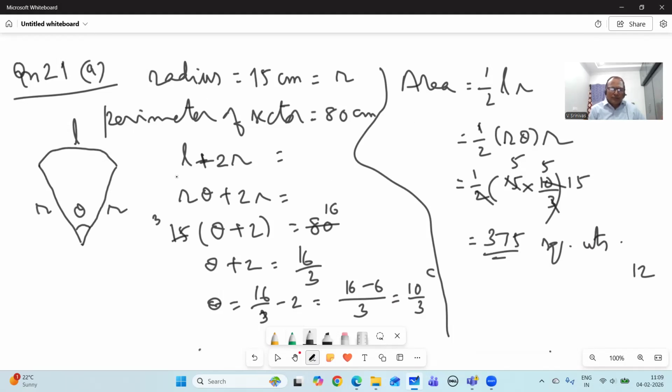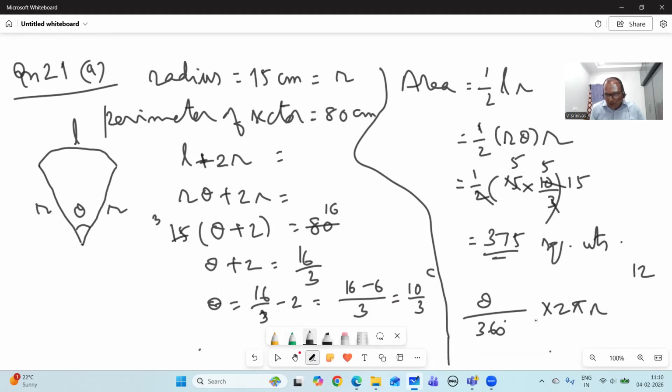In the form of arc length, it is theta by 360 degrees into 2 pi r. For a circle, the circumference is 2 pi r, which means at the center the circle makes an angle of 360 degrees.